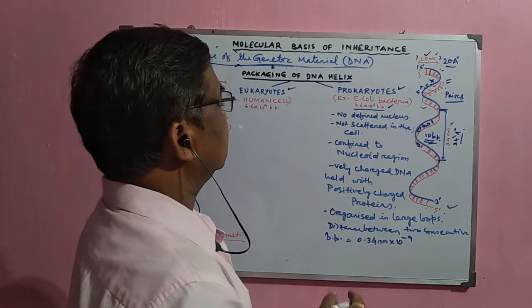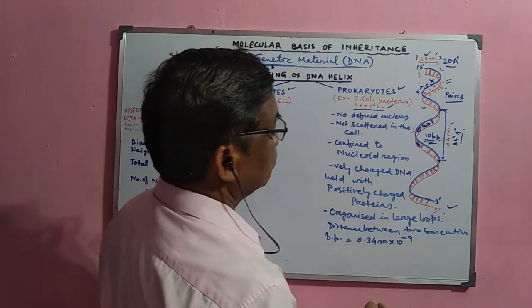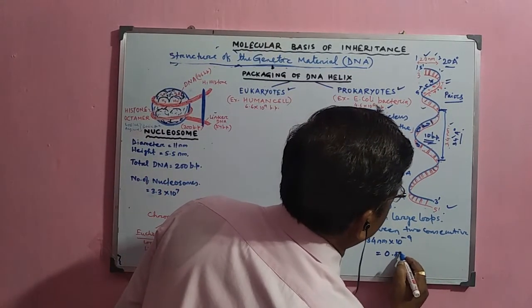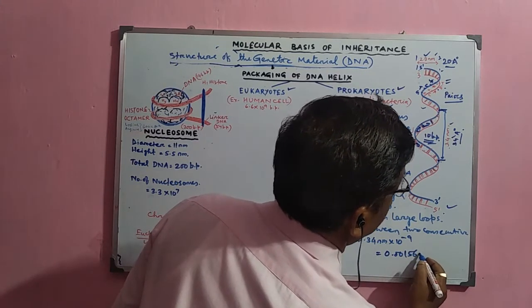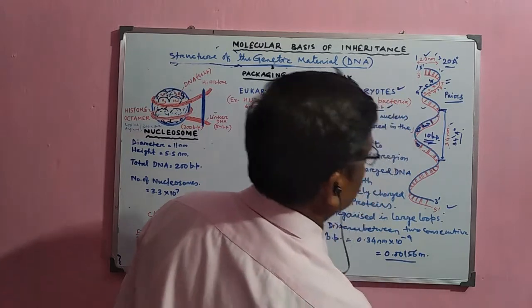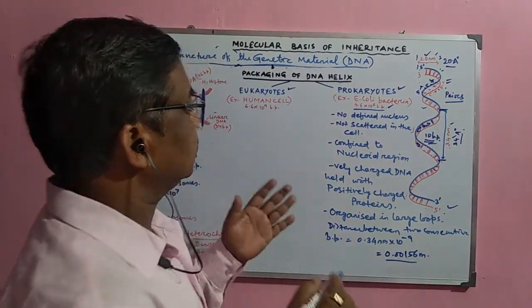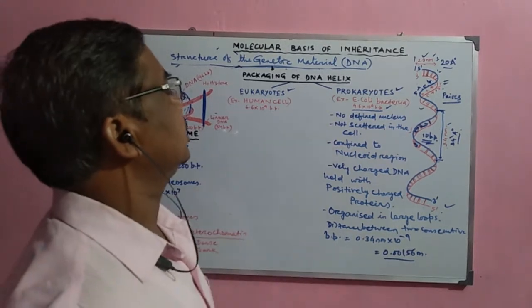Now this DNA helix is very long, around 0.00156 meter. So this is the length of this DNA helix. Now how is this DNA helix arranged inside the prokaryotic cell?